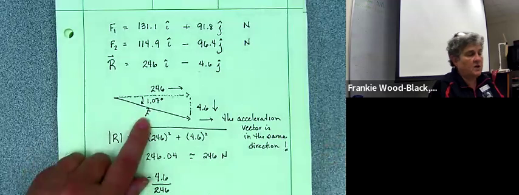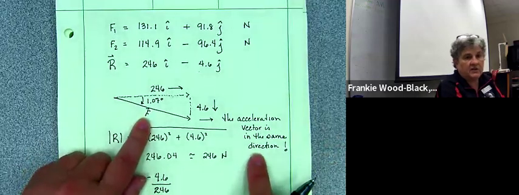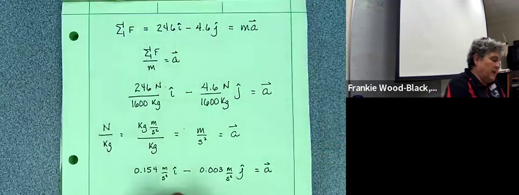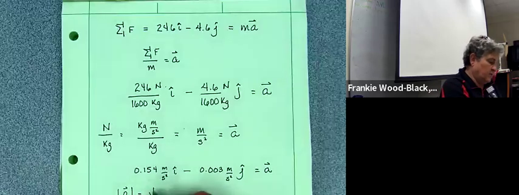So whatever the resultant net force is, the acceleration vector is going to be in the same direction as our net force. So we already know the direction. Now we just want to calculate the magnitude of our acceleration. And that's going to be the square root of the sum of the squared components.